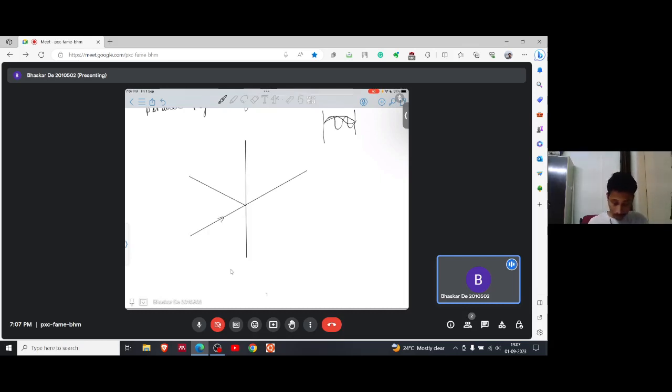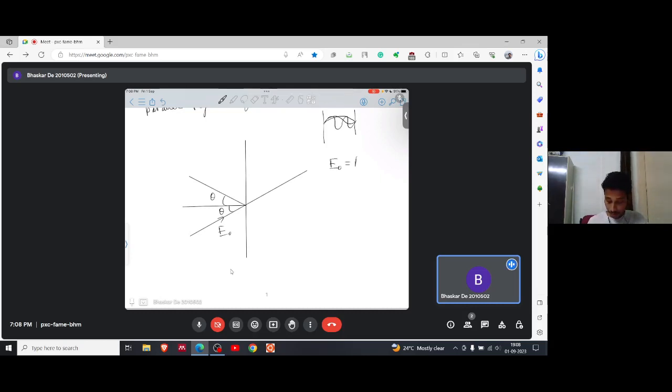So this is the incident electromagnetic wave. This is the perpendicular, so this angle is theta. Then this is the reflected wave, which also makes angle theta with the perpendicular, and this is the transmitted wave.